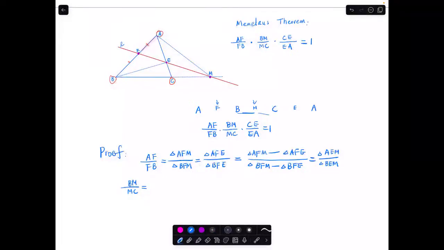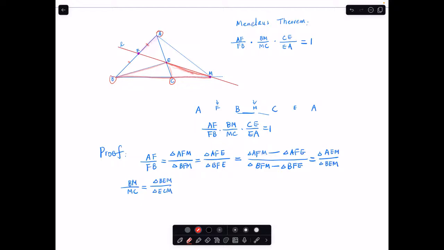So here I claim that this is equal to the triangle BEM over the triangle ECM. So let's highlight it. So BEM here, right? And over ECM. It's ECM. Okay. This is a smaller one, right? So this is BM over CM.